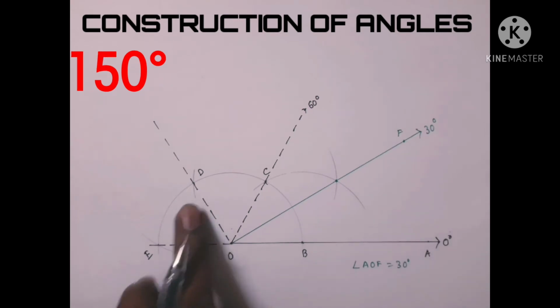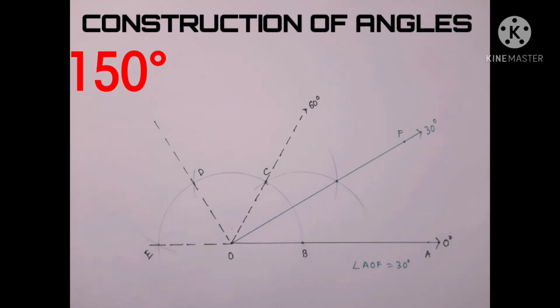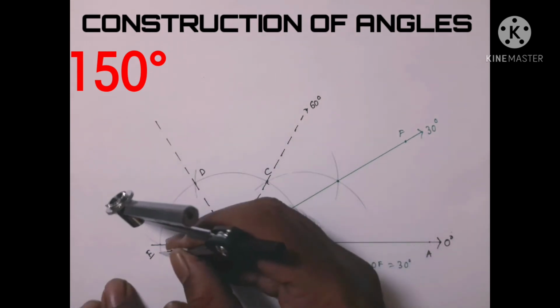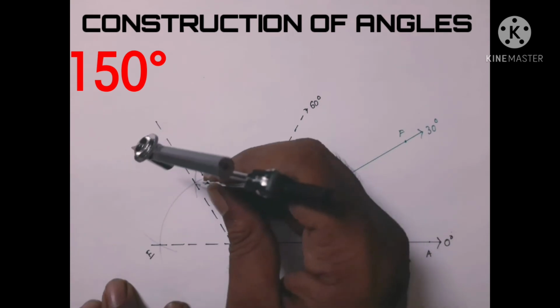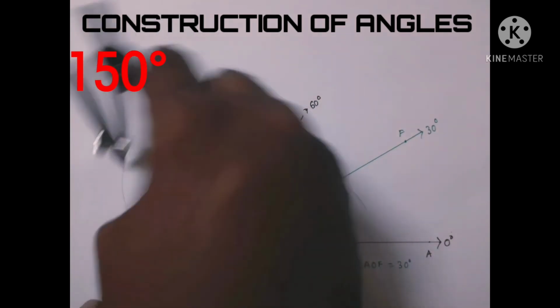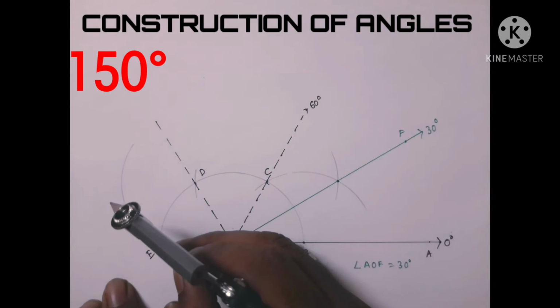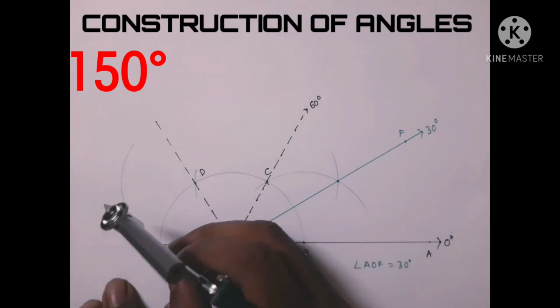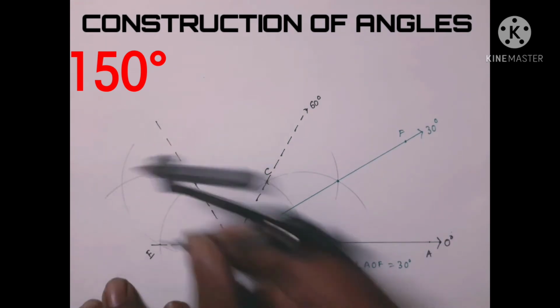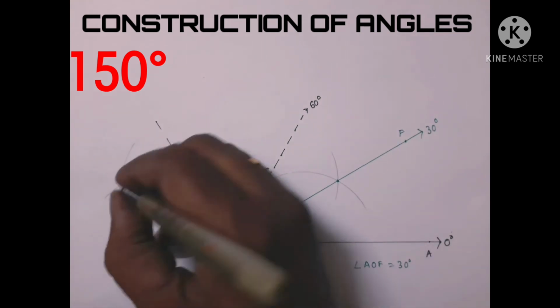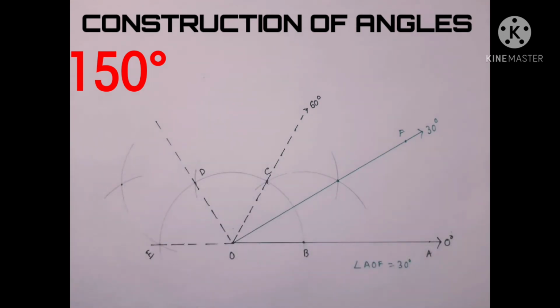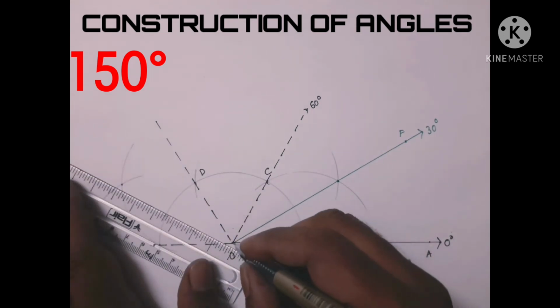In the same way, if we bisect 120 and 180, we will get 150. 120 plus 180, 300. 300 by 2, 150 degree. So from 120, we'll take a definite radius, and from point E, that is 180 degree, another one to cut it off. So we get 150 degrees.